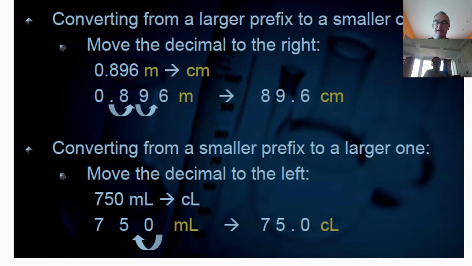Going the other way, every time we move to the left, we're dividing by 100. So remember that every time you move one to the right, you're making a larger number and a smaller unit. And when you're going to the left, you're making a smaller number and a larger unit.